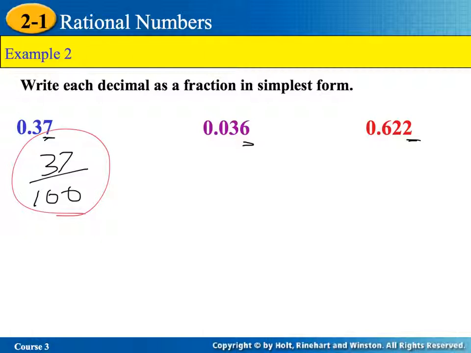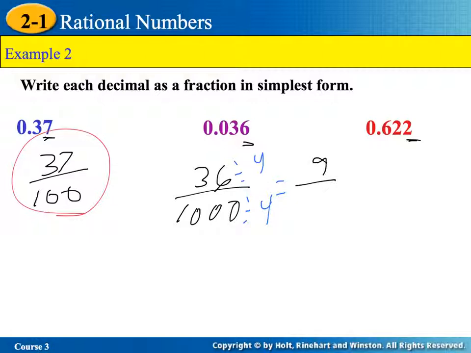0.036. That is 36 thousandths. The place value is the thousandths, so you take 36 over 1,000. Simplify this down as much as possible. As I do that, I can see in my head that each of those has a common factor of 4. So you take 36 divided by 4, you get 9. 1,000 divided by 4, you get 250.